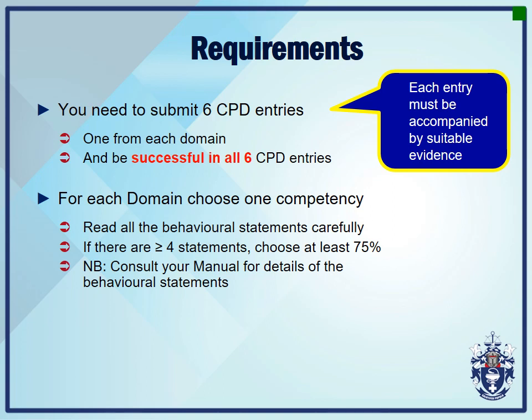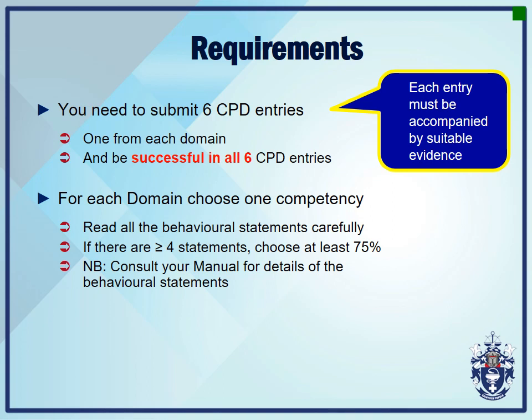For each domain, you choose one competency. So you choose either 1.1, for example, 1.2, 1.3, etc. Just one from each of the domains. You read all of the behavioral statements carefully. You make sure that you cover all of them and provide evidence for at least 75% of those behavioral statements.